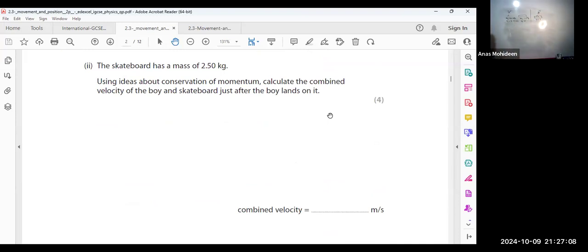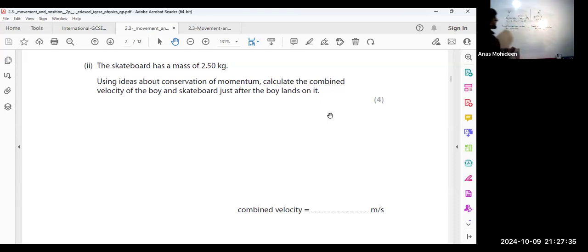You have to write a small statement. Total momentum before the collision is equal to the total momentum after the collision. We have to write this.